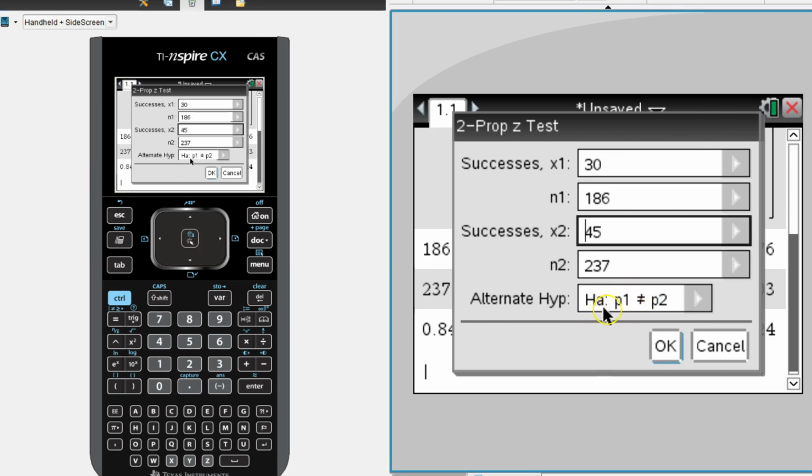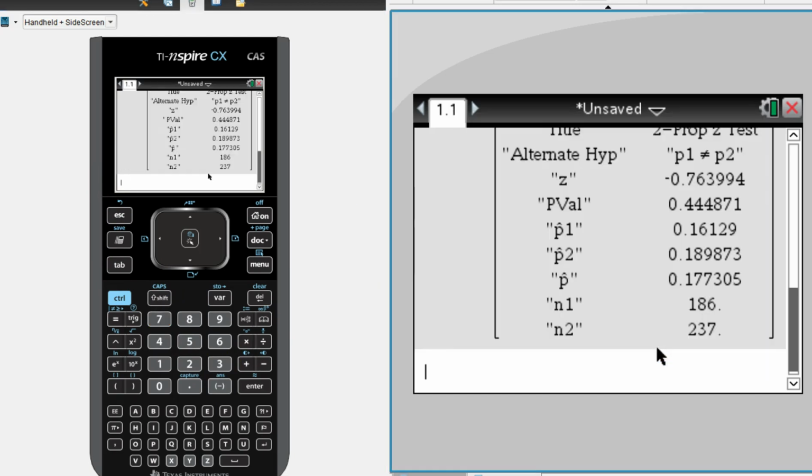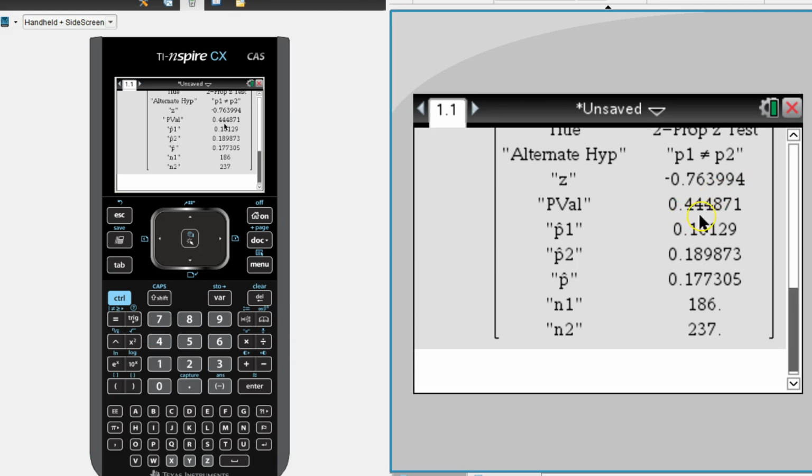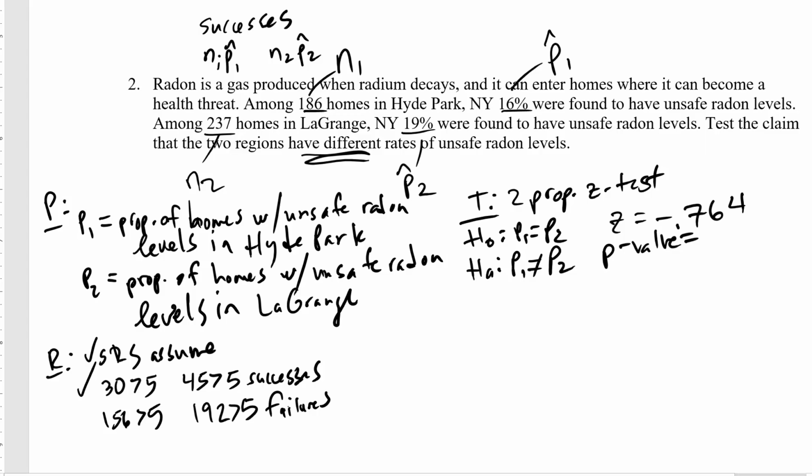And I don't need to mess with it this time. Not equal to is what we're going for. What do I need to write down? Z is negative 0.764. P-value 0.445.